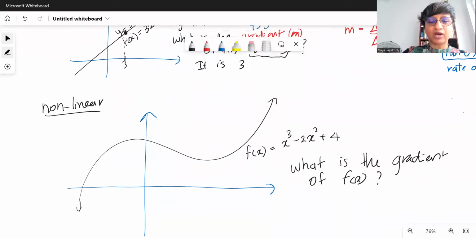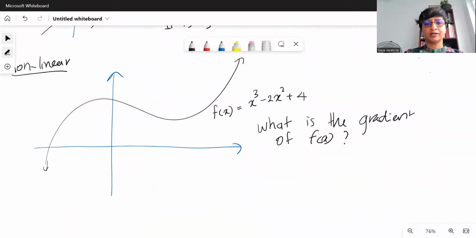Now when you come to a non-linear function, I can't ask the gradient of the function, because from one point to the next immediate point it changes. It's not a constant. It continually changes. You said it doesn't make sense to ask this question.